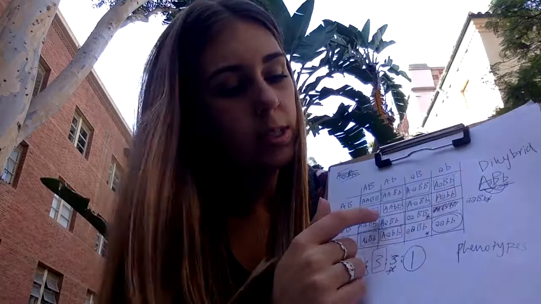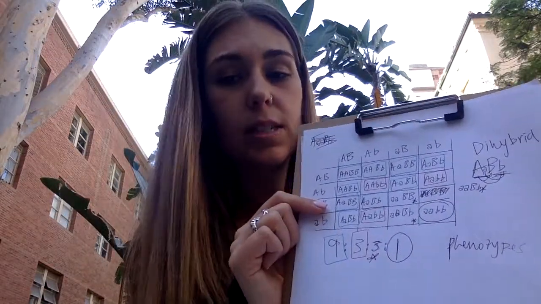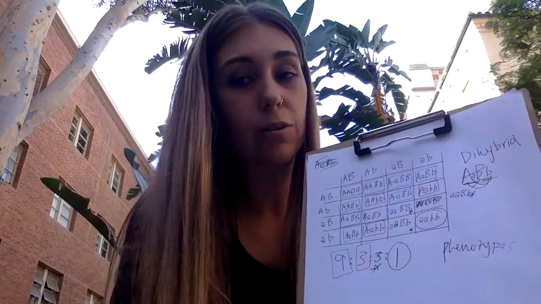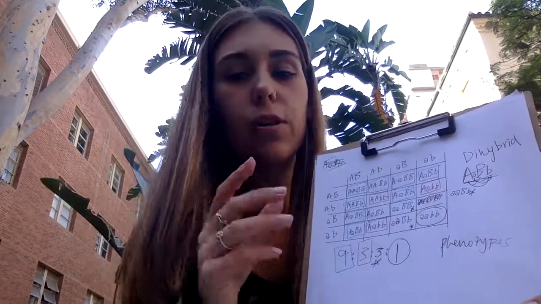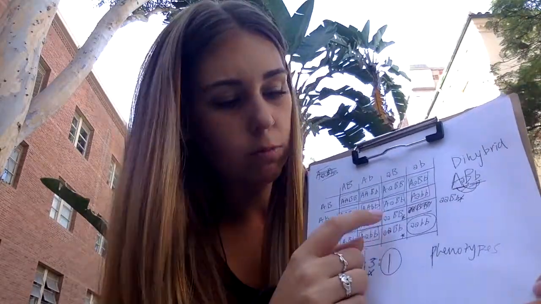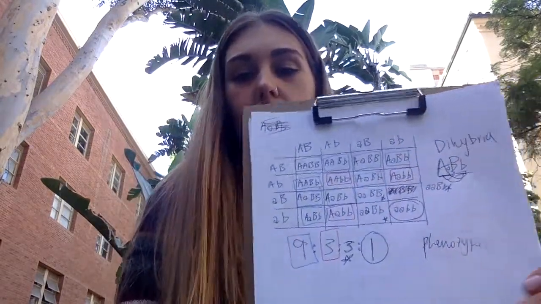Then we have our ones that are going to show the dominant trait for A, but the recessive trait for B, boxed in red here. That's where we get our 3, and then we have the opposite. So you have the ones that show the recessive trait for A, 1, 2, and 3, and the dominant trait for B. And finally we have recessive all the way across.